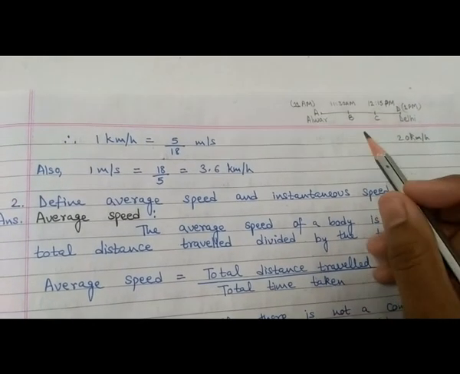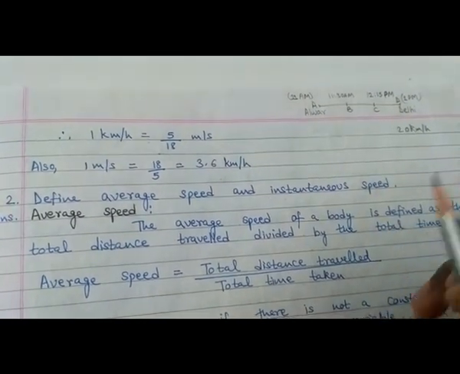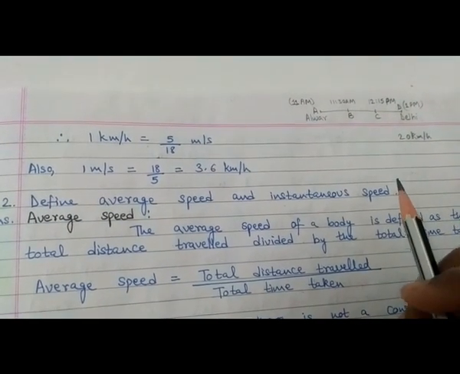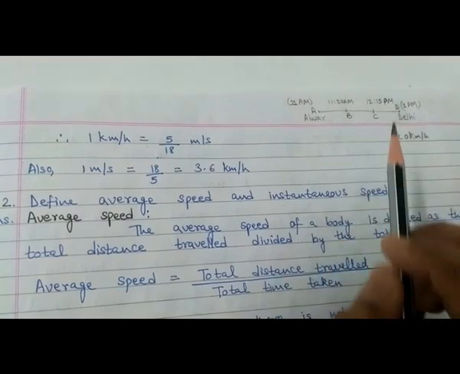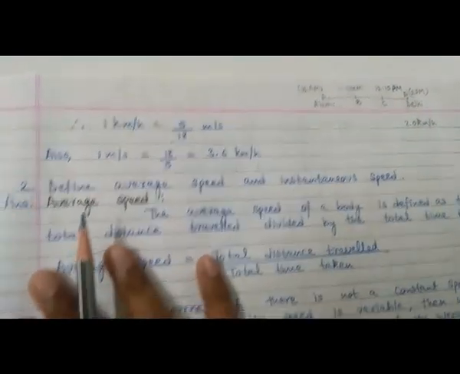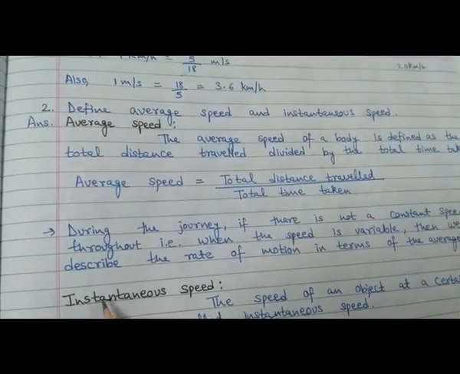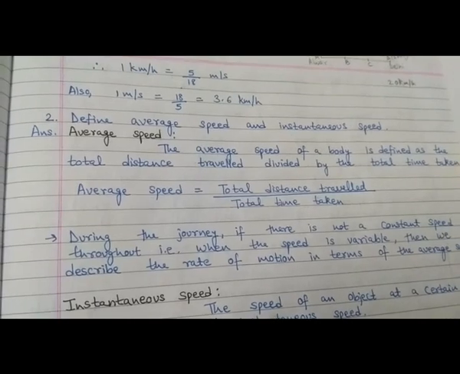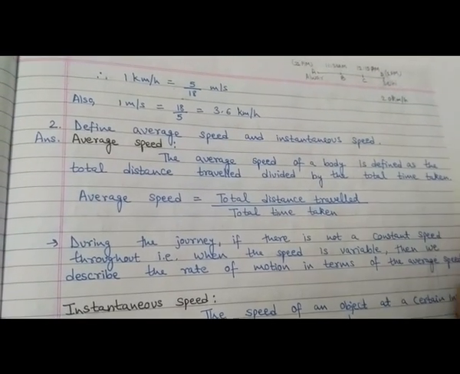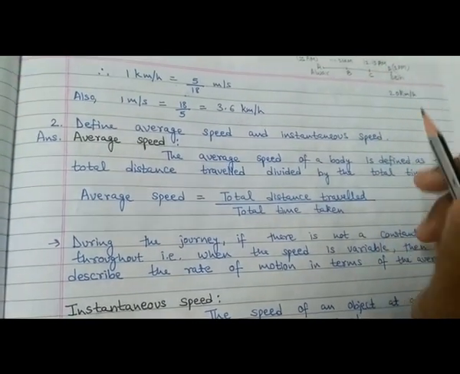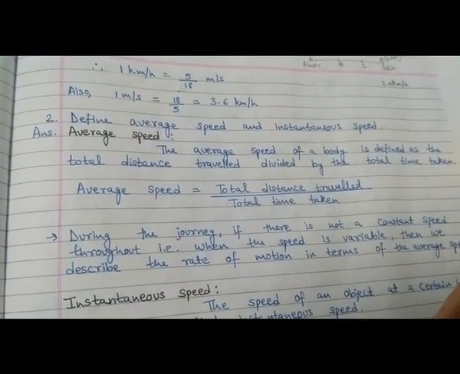So when the body doesn't change its speed during the entire journey, that means keeping the speed uniform, then my average speed will always be equal to instantaneous speed. This will be the case only when I haven't changed my speed during the entire journey.